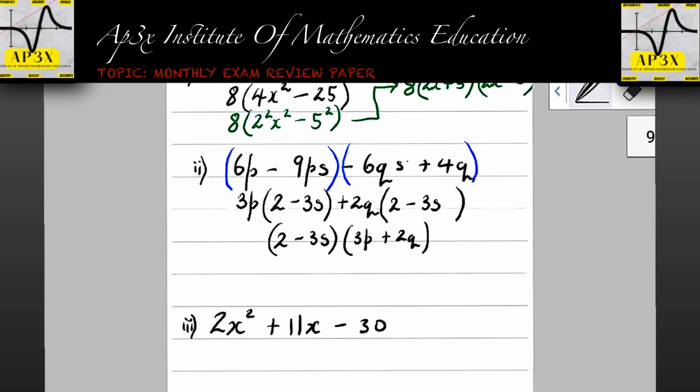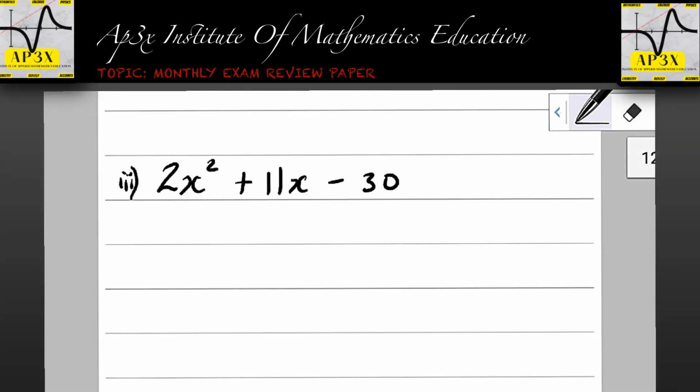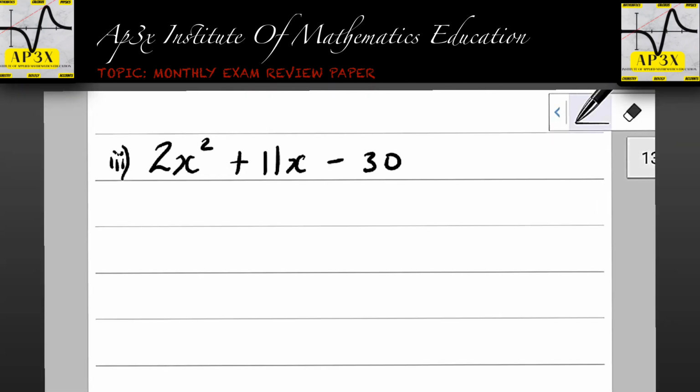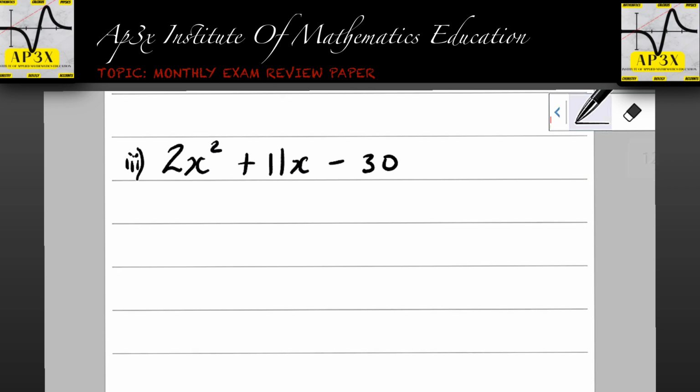Beautiful. Let's move on then to the third and final factorization question. Now this expression here is very familiar because most of my older subscribers would have seen my first video that I placed on this channel, how to factorize a quadratic expression.